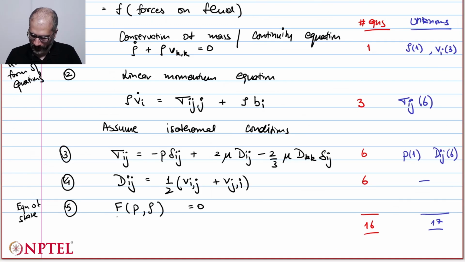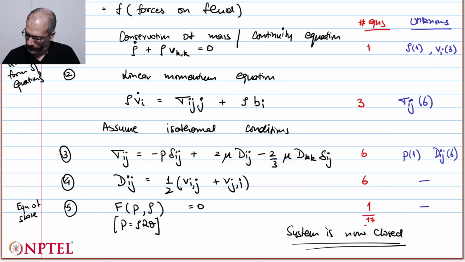Now for an ideal gas, this could be P equals rho R theta, but that is dependent on the kind of fluid you have. So now we can see that we have one more equation here generating no new unknown. So this closes the system. So we have 17 equations and we have 17 unknowns, so they're balanced.